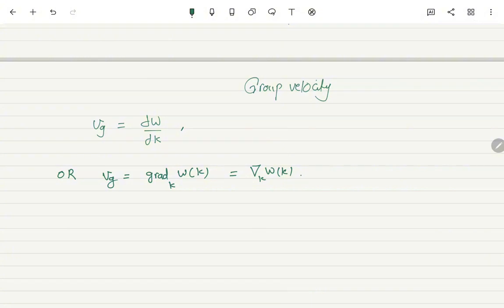Now back to this dispersion relation, omega equal to 4c over m to the power half sine half ka.